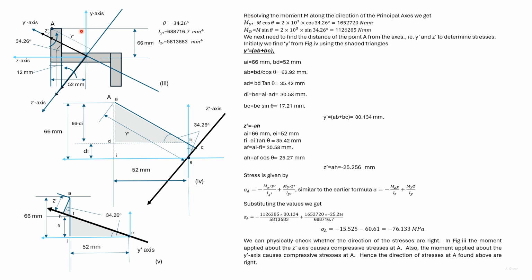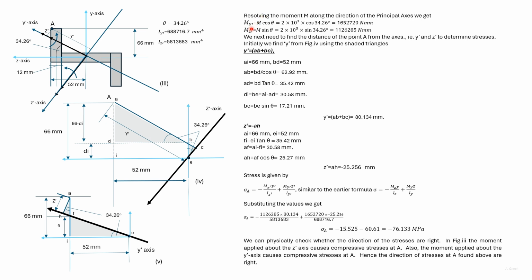Here we are required to find the stress at the point A. The moment was initially applied about the z-axis. We have taken components of the moment about the z-dash axis and the y-dash axis.